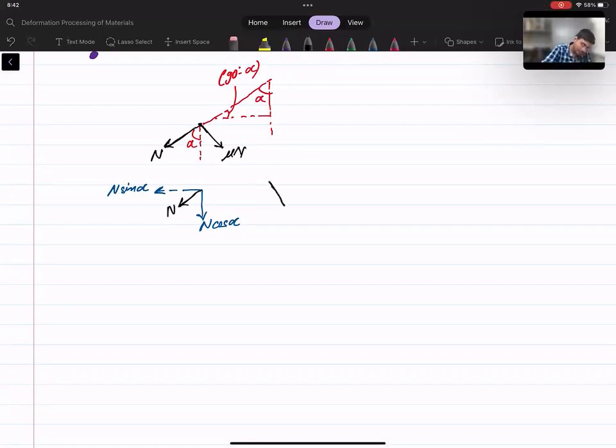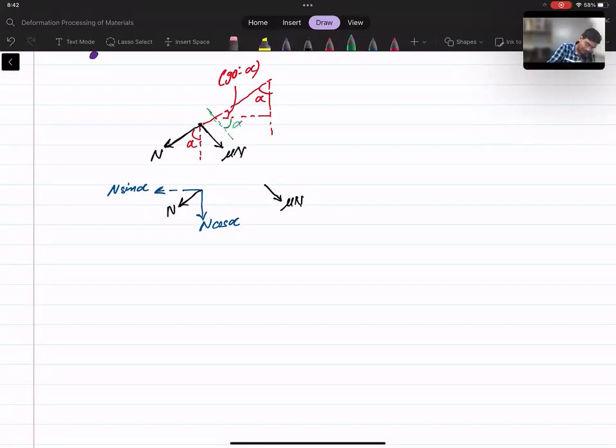So say this was mu n. So in this case, since this is 90 minus alpha, so again this will be alpha.